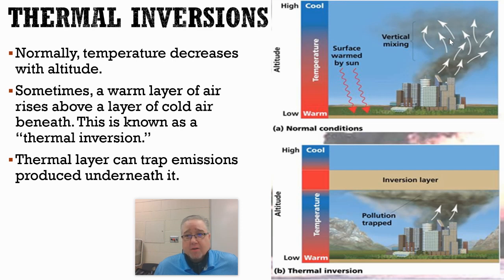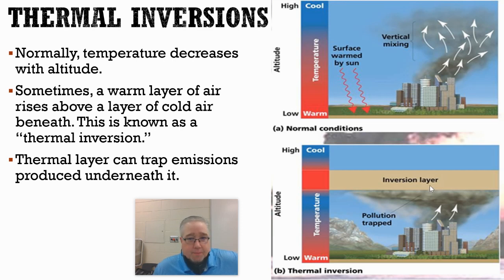But you get all of this pollution that's produced from these urban areas. And eventually what can happen is you get this inversion layer, which is basically a warm pocket of air that exists in between two colder regions. Whenever this happens, we call it a thermal inversion.